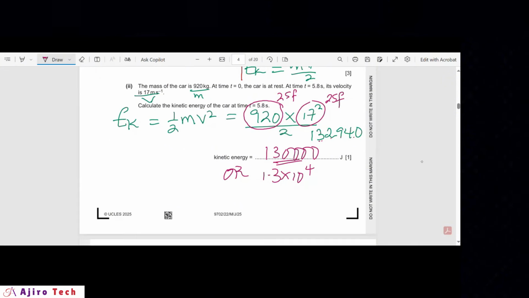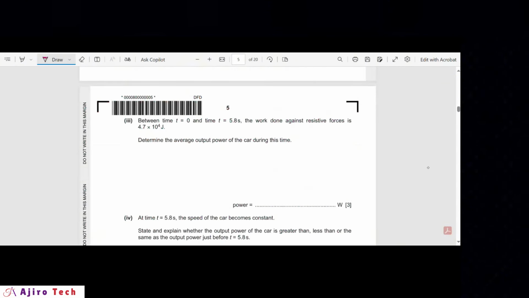That's the question. The next one. Between time t equal to 0 and time t still referring to the same value, the work done against the resistive force is this. Determine the average output power of the car during this time. Let me demonstrate this.